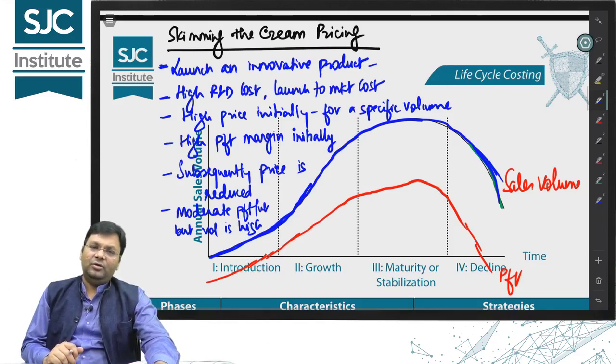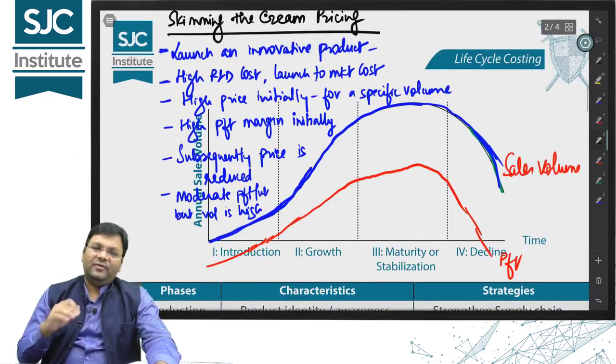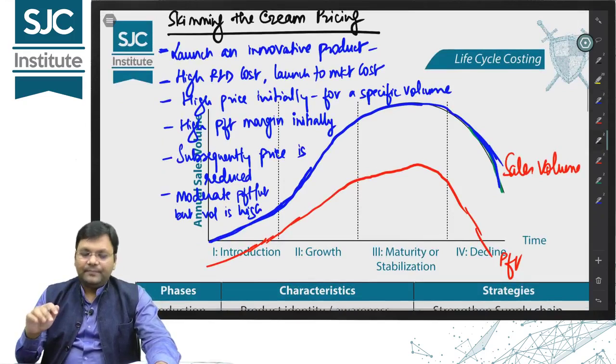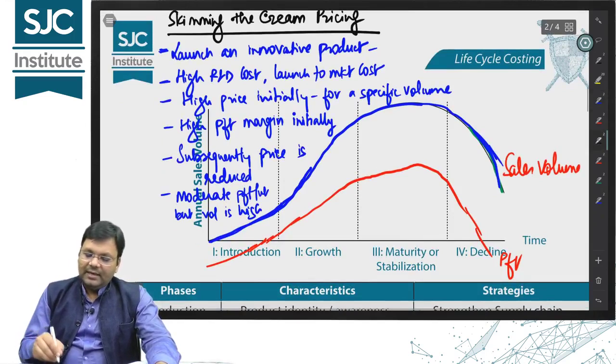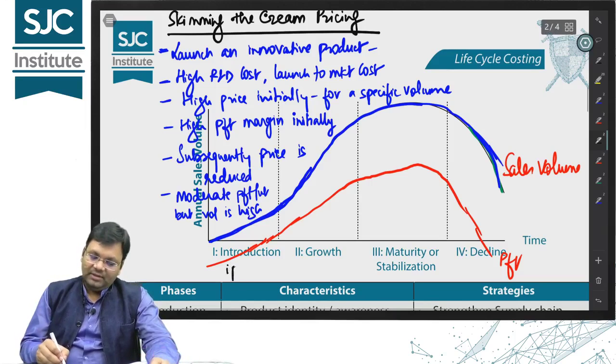So you may decide to bring up a new version. What Apple usually does is always follow skimming the cream pricing. They always launch their newest version for a specific group of people, the so-called rich class people. For example, iPhone 12 Pro.